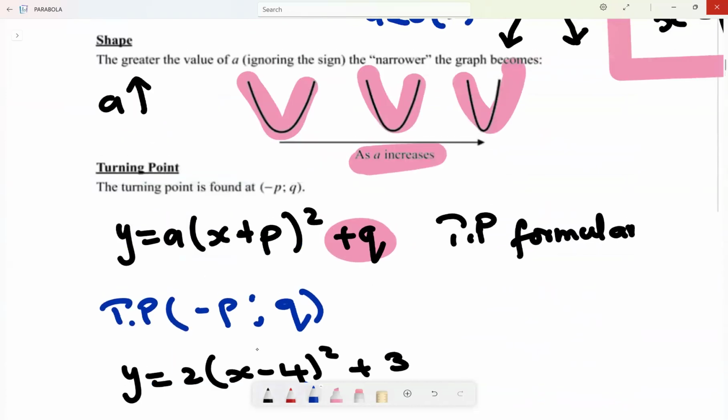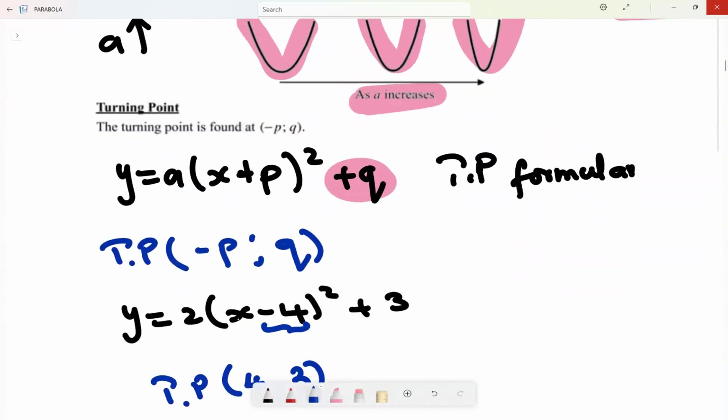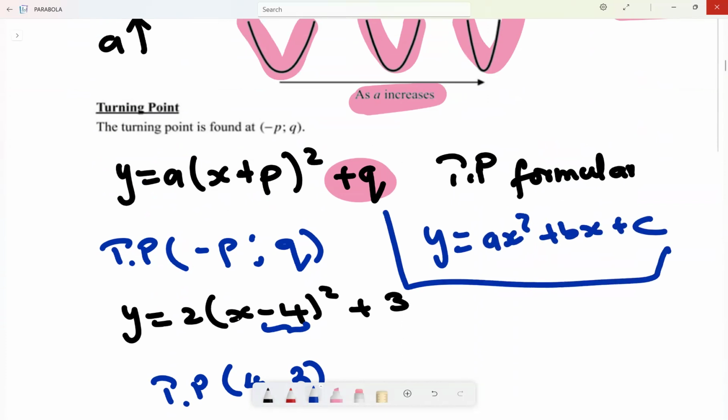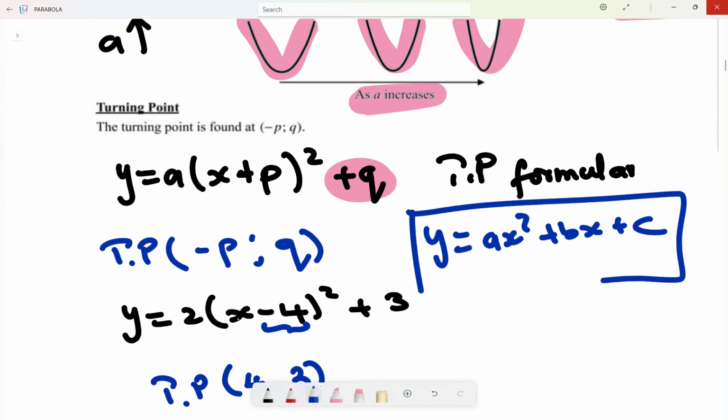So this is what you basically mean when you say our turning point is found from these coordinates. Okay, only if you are given this in the turning point form. We have two forms. The other one is y is equal to ax squared plus bx plus c. This is the standard form of a parabola, which we will look at later on.